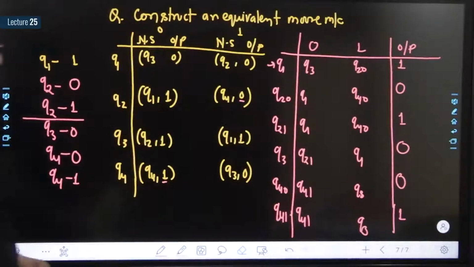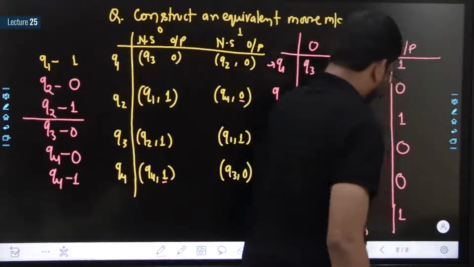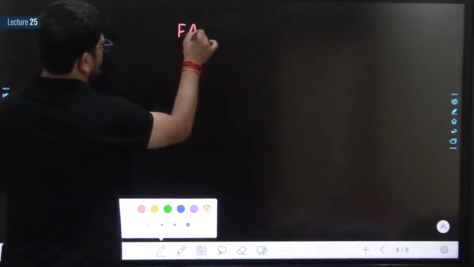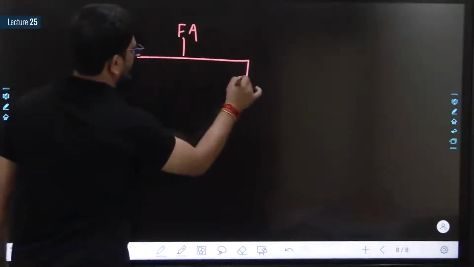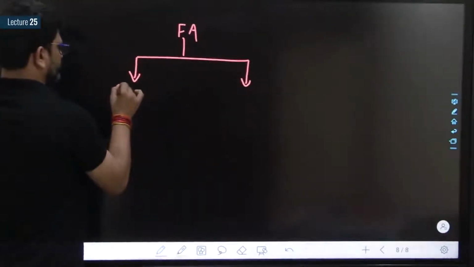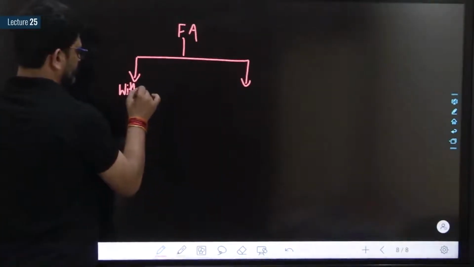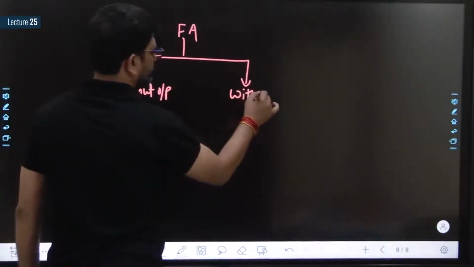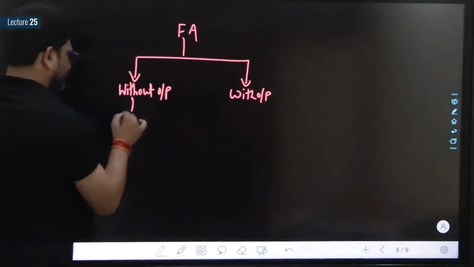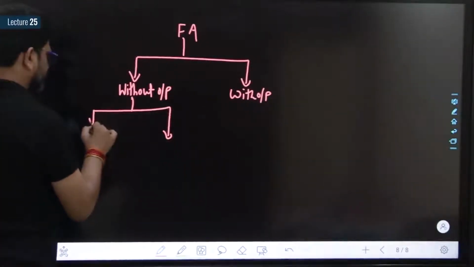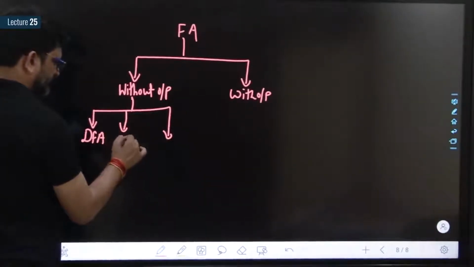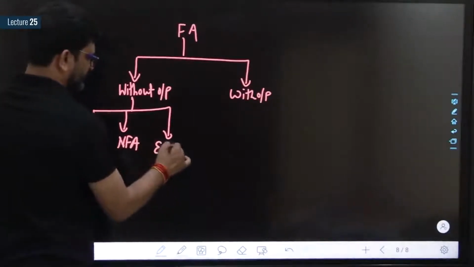Clear? Till now we have seen finite automata with and without output. Without output, we saw DFA, NFA, and epsilon NFA.